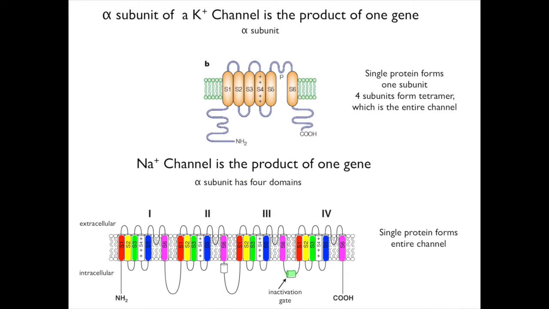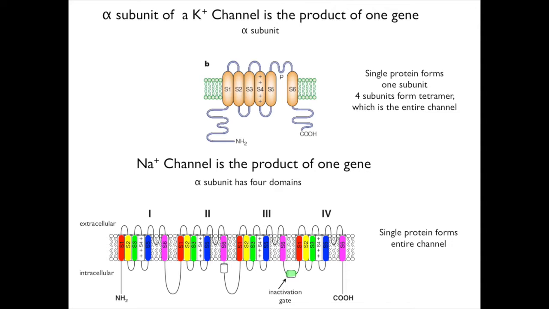The first potassium channel that was cloned was the Shaker potassium channel in the fruit fly, Drosophila melanogaster. When the sequence of the Shaker potassium channel was determined, it was found that the protein is encoded by one gene and was called the alpha subunit.